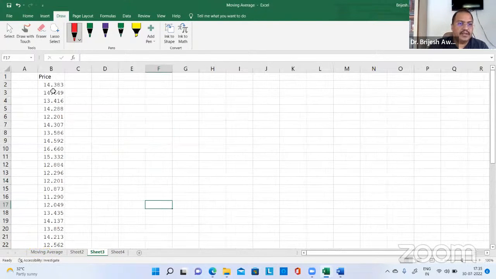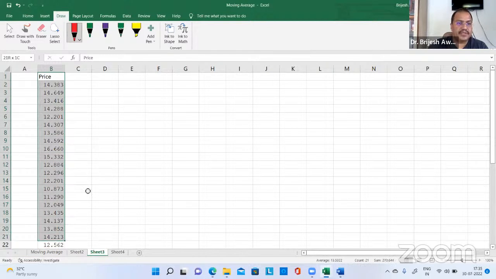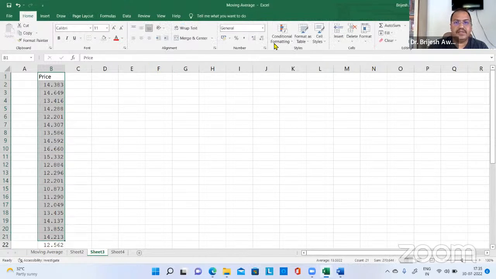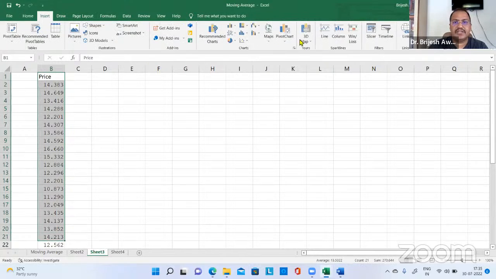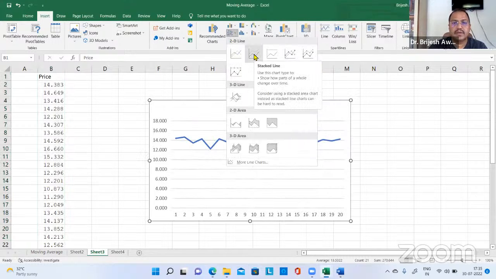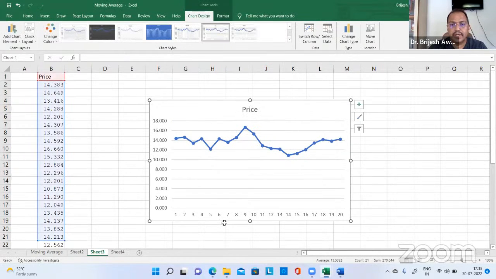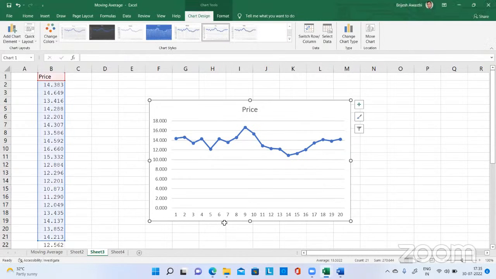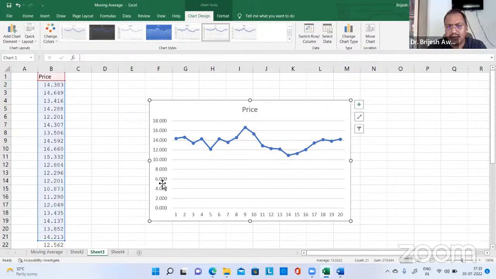Can you see the pricing up to 2021? And we just try to understand the nature of data. What type of nature is there? It is like this. Non-linear? No, there is a linearity, but there is high fluctuation, right?